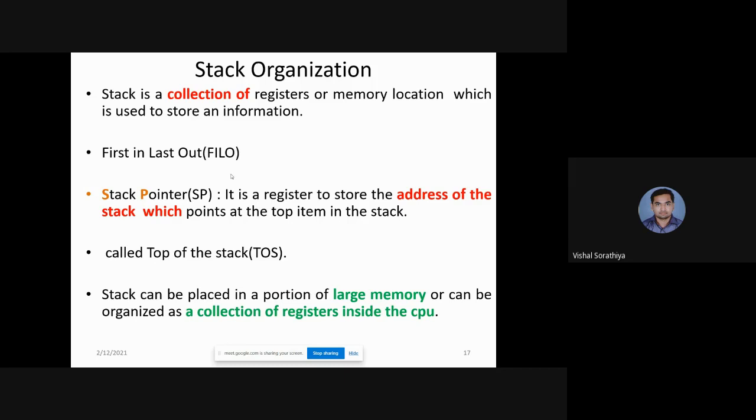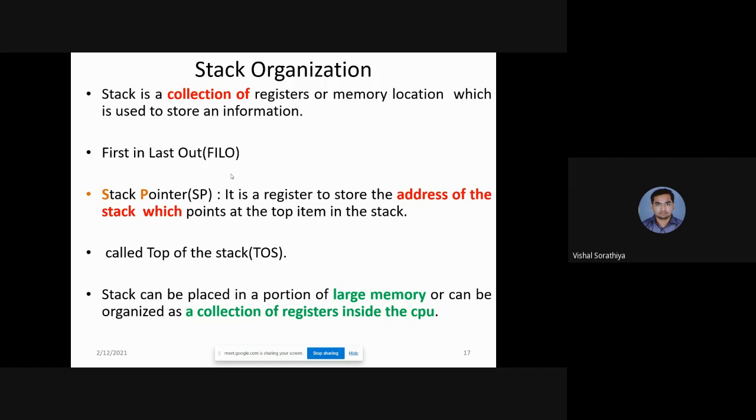The stack pointer is a register that stores the address of the stack, pointing at the top item in the stack. It points at the first location, the top of the stack, and one by one it is incremented and goes down, down, down, with memory locations being accessed one by one.